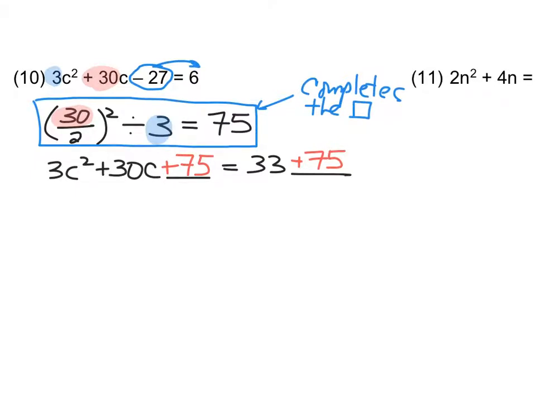If it's negative 27, adding to 6, what would it be? 33. To get the negative 27 to the other side, you have to add 27 to both sides of the equation. Oh, I get it.